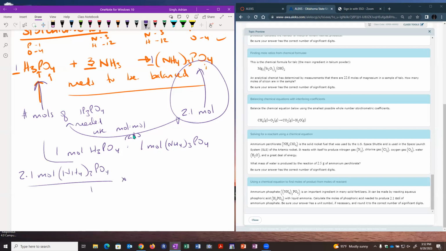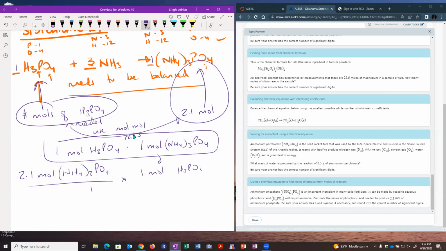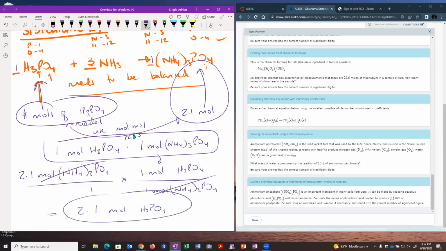Then I can take my mole-to-mole ratio and insert it as a conversion factor. If I want to end up with the moles of H3PO4, that goes on top. So 1 mole of H3PO4 for every 1 mole of (NH4)3PO4. With the 1-to-1 mole ratio, we get the same number. So 2.1 moles of phosphoric acid would be needed.